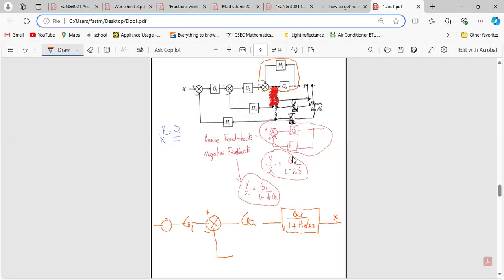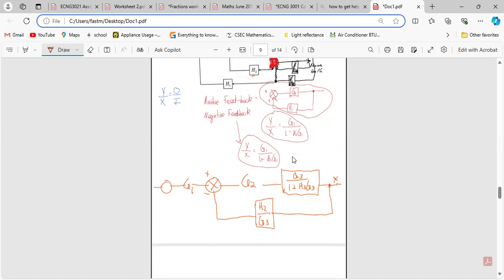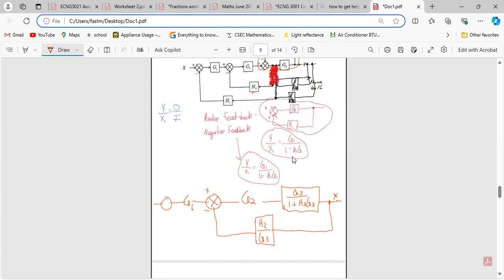Then you have the H. Since all these are in series at the bottom, the H2 and this, you can bring them together and multiply it out. And the same thing for the bottom. So that'll be H1 and G3.